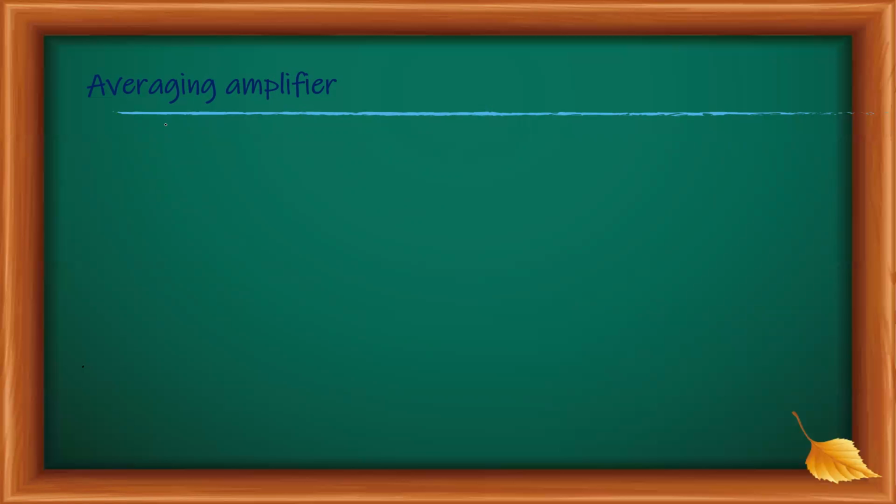Okay, so first we consider the previous case that we have three input voltages V1, V2, V3. In the summation, we get the output V1 plus V2 plus V3. As there are three inputs, if we divide it by 3, it must be the average voltage.